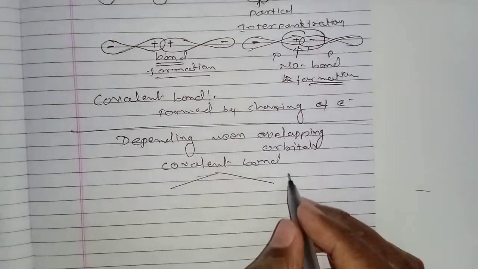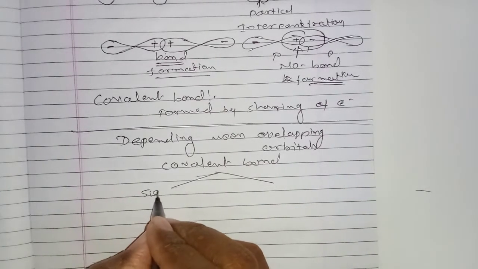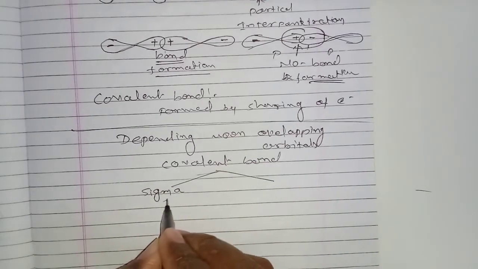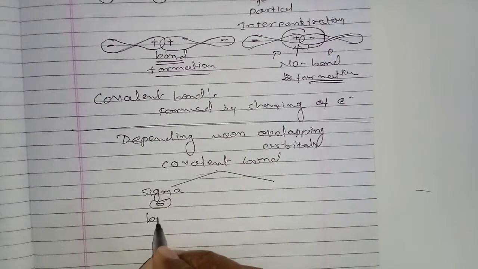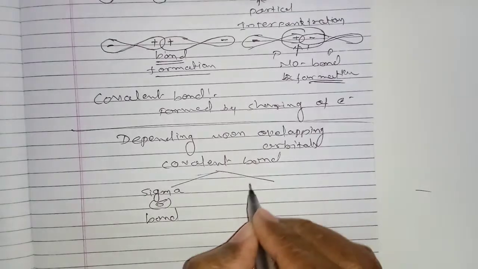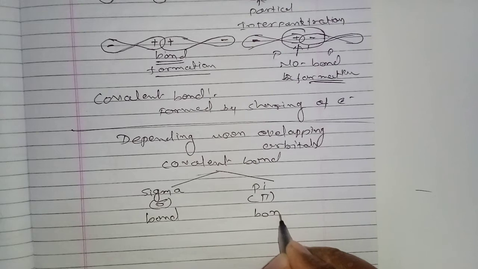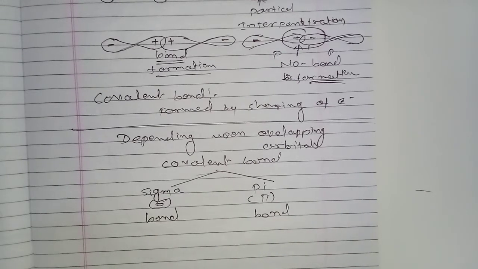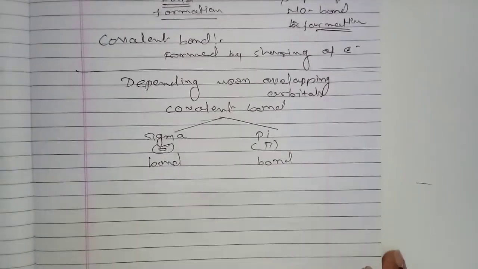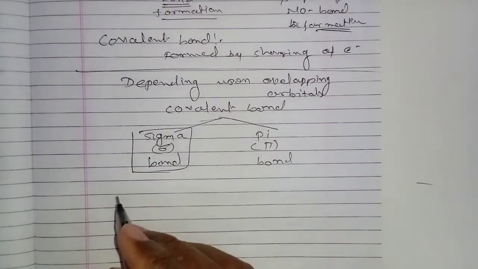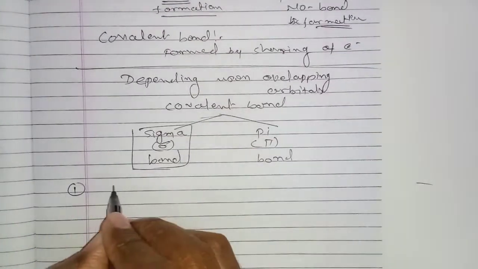Number one is sigma bond. This is the sign of sigma bond. And number two is pi bond. Okay, now let us see about sigma bond.